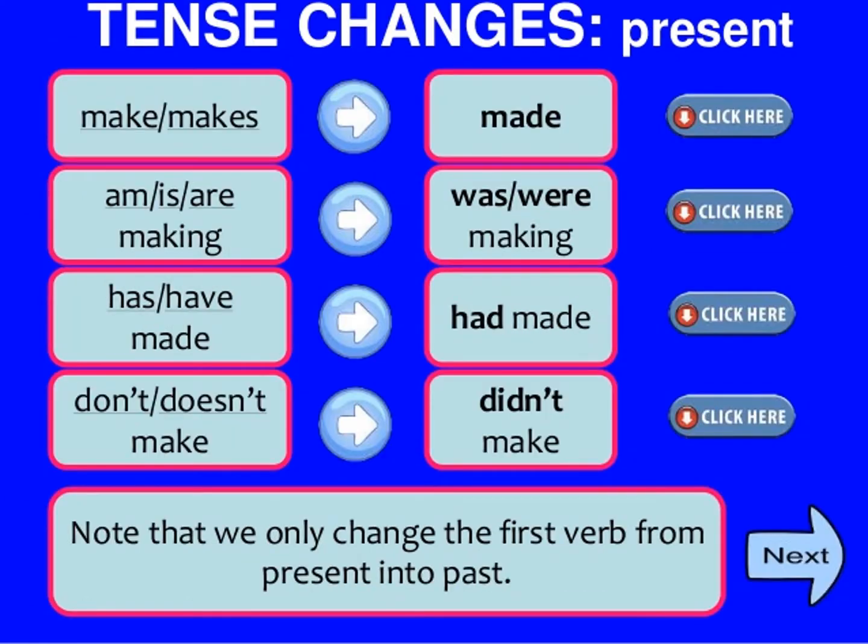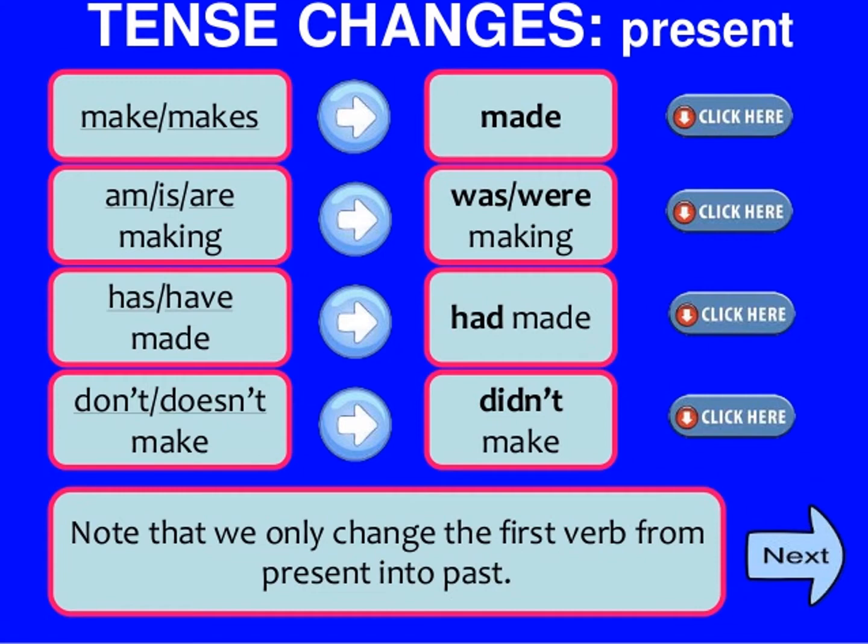Okay, as we said before, number one, we omit the speech marks and the comma, and we change the pronouns first. Then comes the verb. We change the verb tenses as follows. If it was present, like in the following examples, make and makes become made, am or is or are making become was or were making, has or have made becomes had made, don't or doesn't make becomes didn't make.